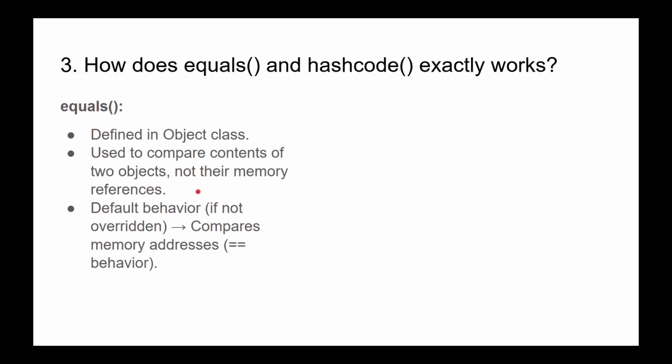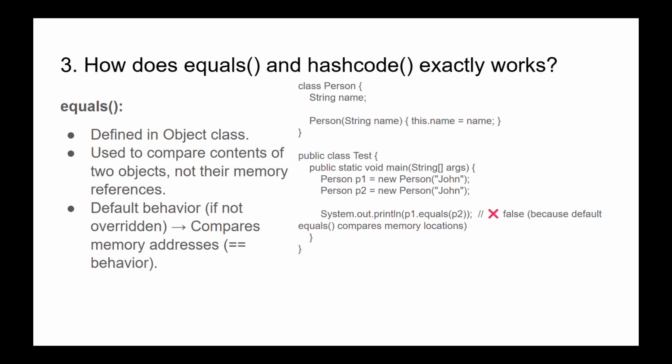But the default behavior of the equals method is object comparison, memory comparison. If you are not overriding this equals method, then it will work the same as double equals, comparing the memory references. Here let's take an example.